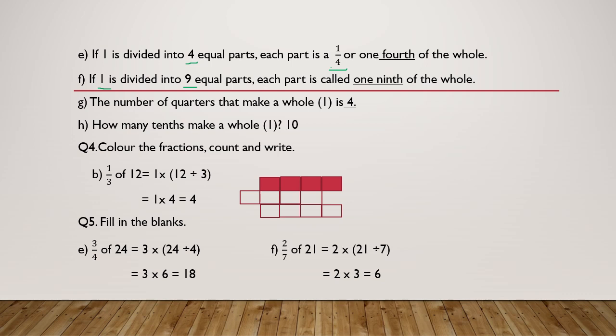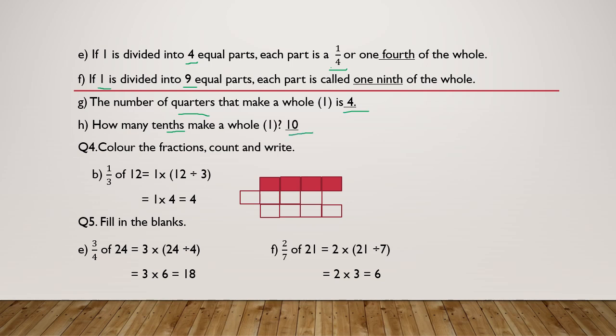See G part. The number of quarters that makes a whole 1 is 4. Quarter means 4. Now see the H part. How many tenths make a whole 1? So this is 10.